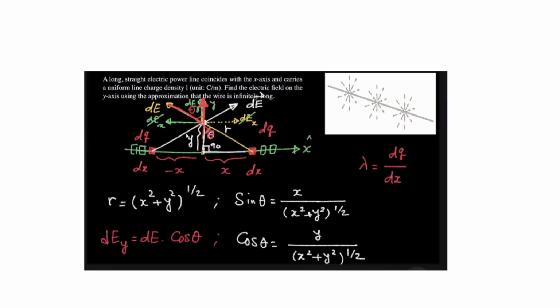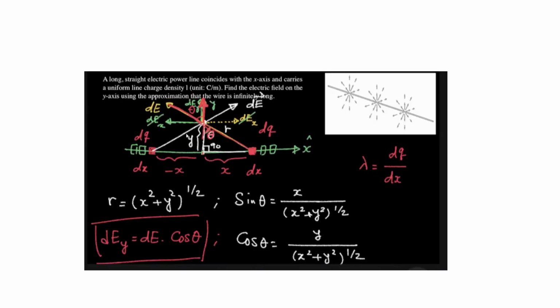So what I need to calculate is this quantity, knowing that dE is only related to dq and this r. So I can always say dE is k, the electrostatic constant, times dq, the charge that is the source of that dE, over r to the power of 2.